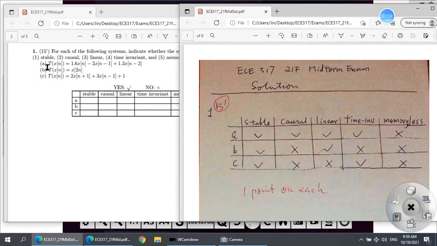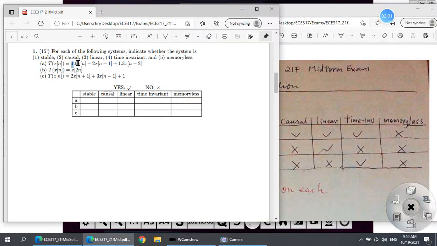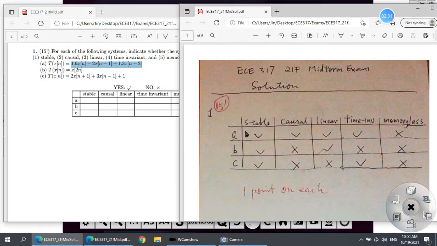The first system, the output is a combination of the input x of n, x of n minus 1, and x of n minus 2, each with a constant coefficient in front of it, added or subtracted together. So actually this is a typical LTI system, a typical FIR LTI system, right?